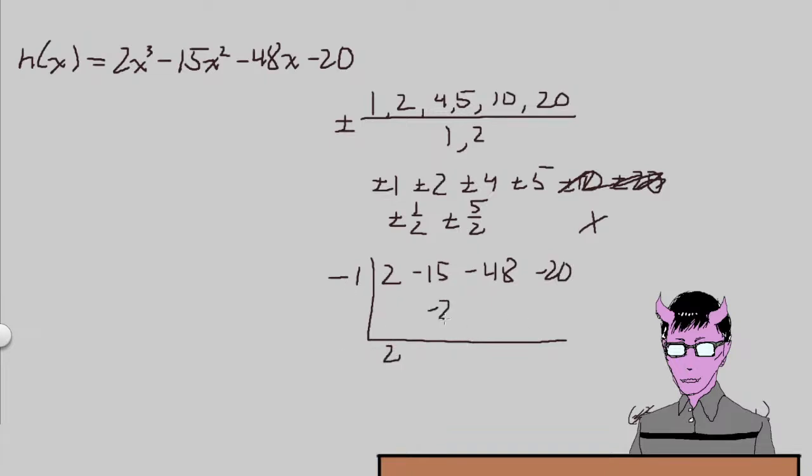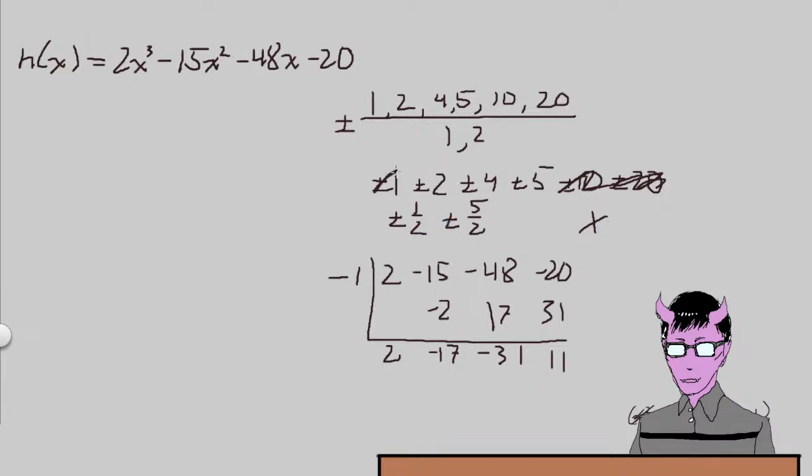Multiply. Sum. Multiply. Sum. That's bad. This is a positive 31. Summate those. That's clearly not 0. Which means negative 1 has failed as a 0 candidate, which means x plus 1 is not a factor.